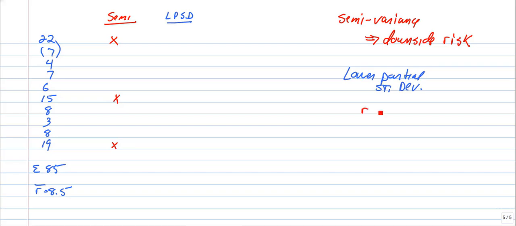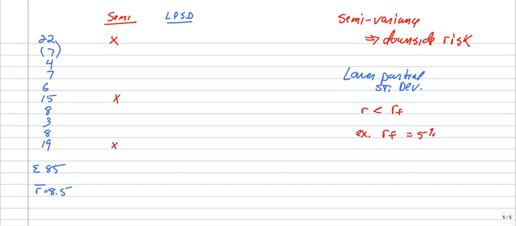So I'm going to put returns less than some kind of risk-free rate that you could earn, for instance, the rate that you could earn on a treasury bill. Okay? So let's say the risk-free rate is equal to 5%. Well, if we're calculating lower partial standard deviation, we're not going to use all 10 returns either.